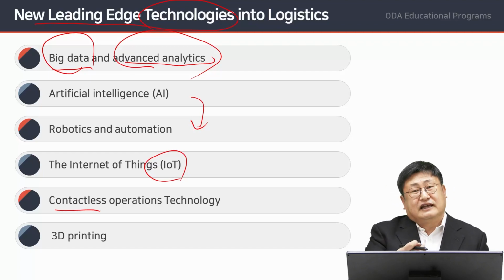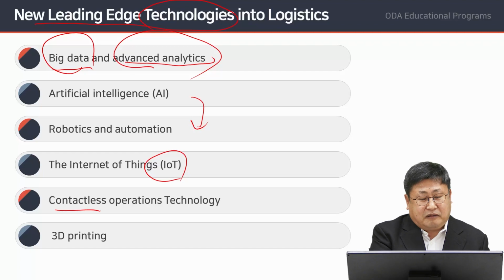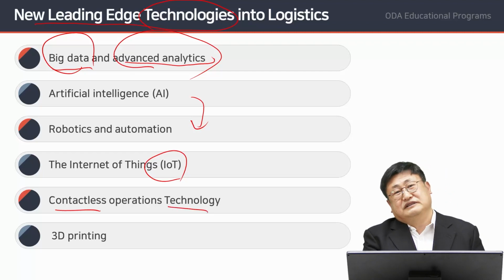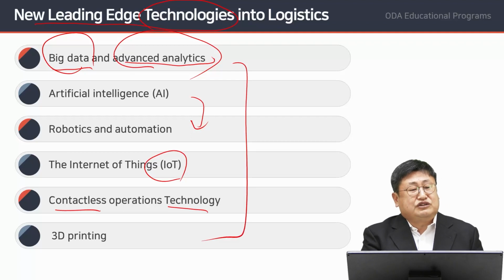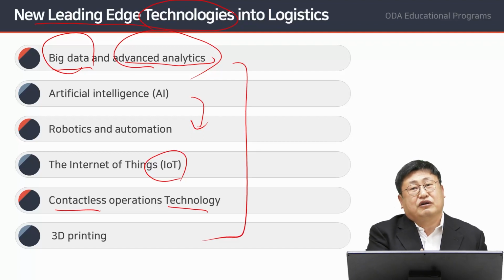That's containerless operation technology, with scanning and recording. This is a kind of operation technology, and 3D printing as well. These are new technologies in our logistics side, and they change everything in our logistics industry.